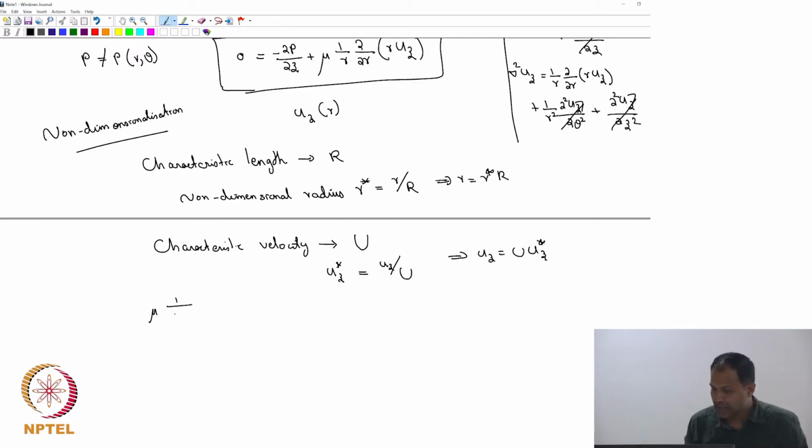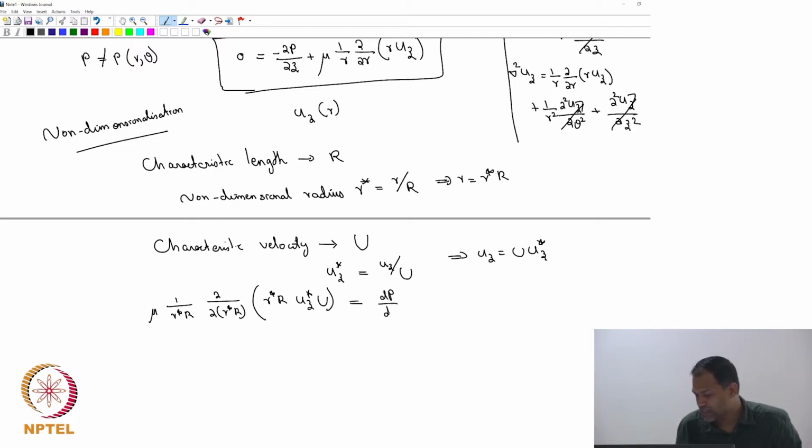So, let us substitute into mu times 1 by r star R, del by del of r star R, of r star R uz star U, is equal to just dp by dz, some constant that we have applied. Clear?